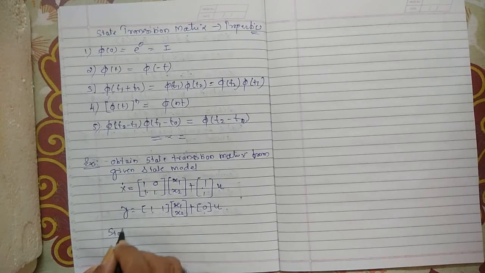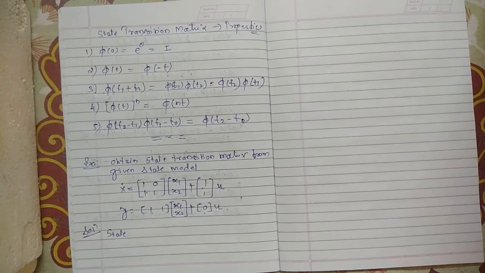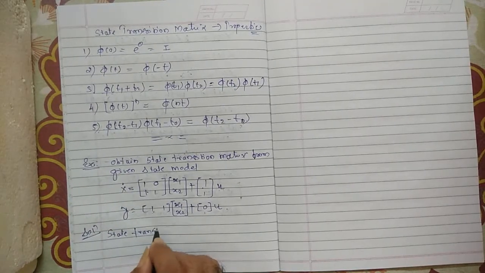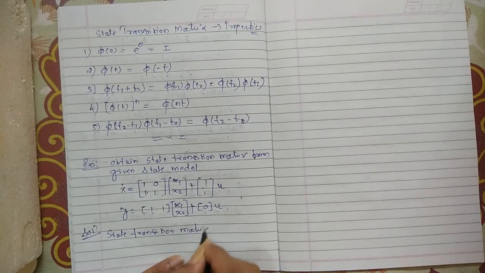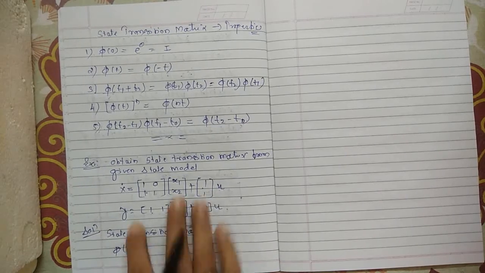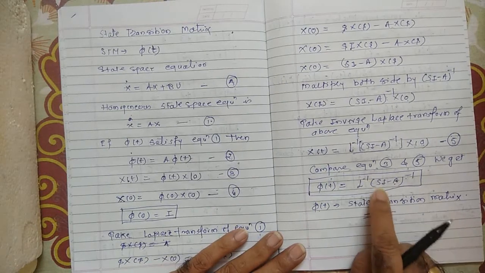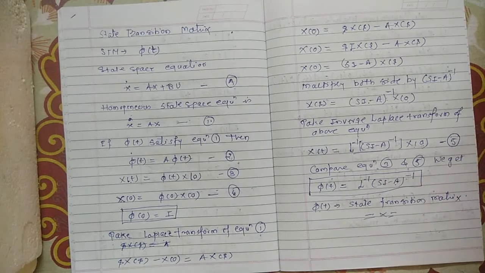Here we will see the solution. State transition matrix: phi of t equals the inverse Laplace of (sI minus A) whole inverse.